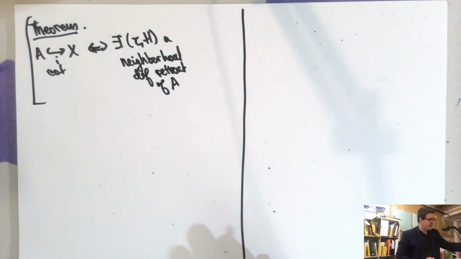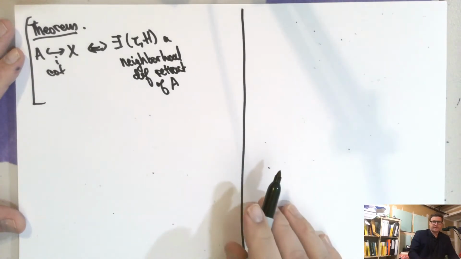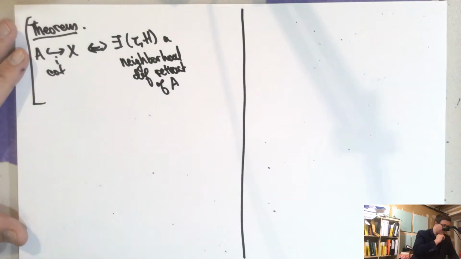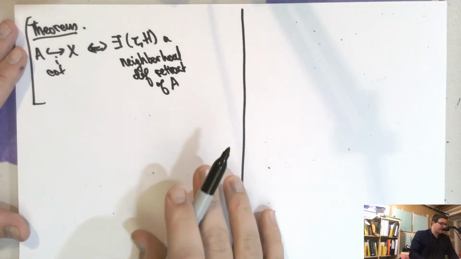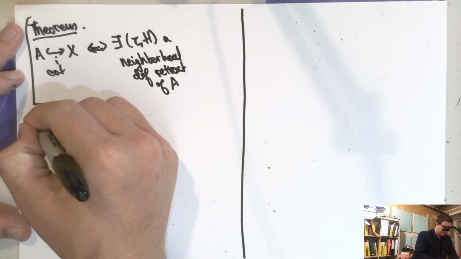So I can say how to construct it, but maybe I'll make a drawing. Okay, so here's the drawing. I'm only going to give part of the proof. So proof.